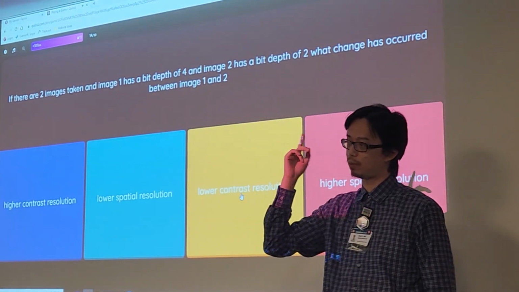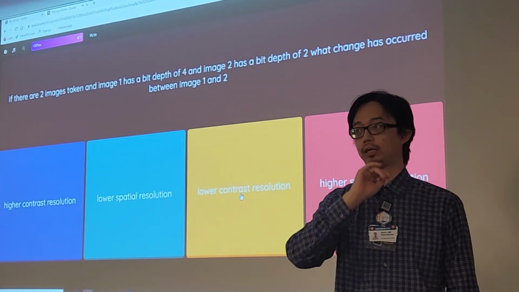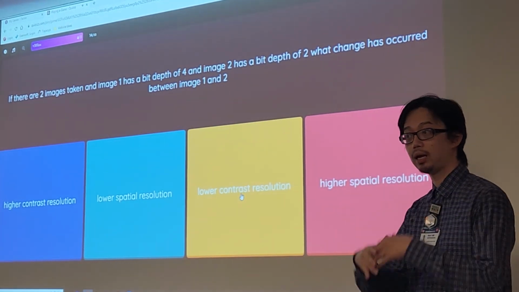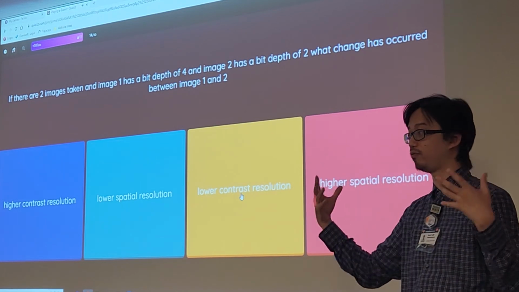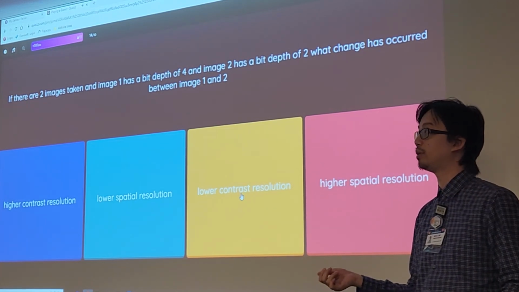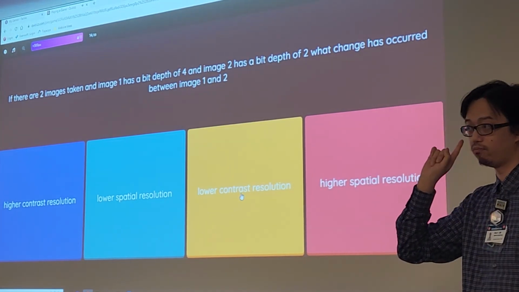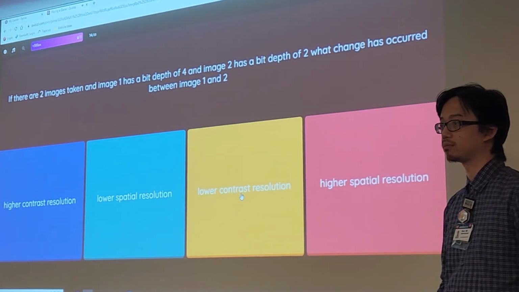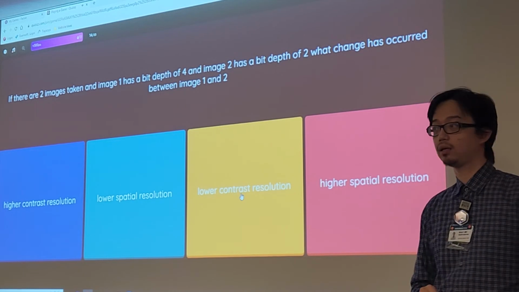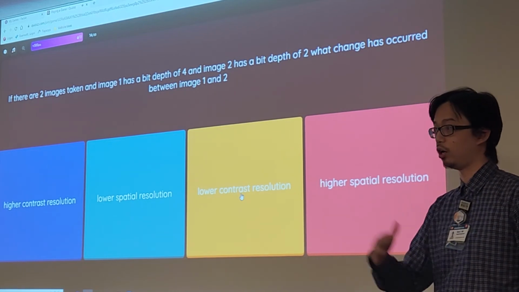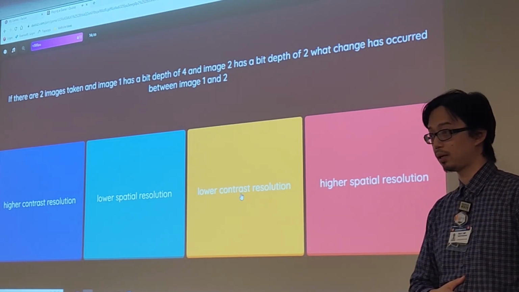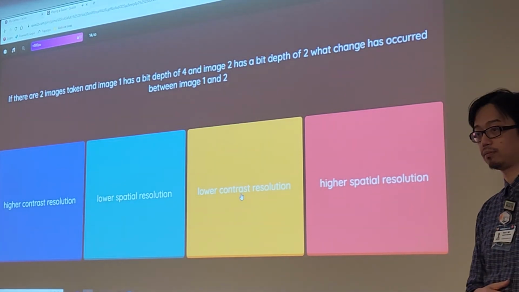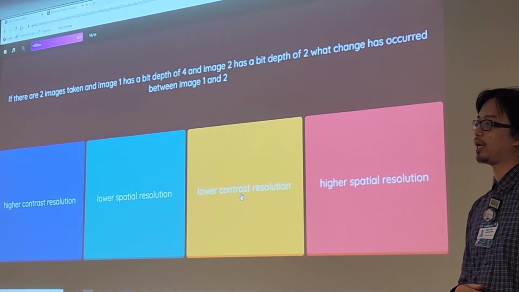Let's go back over this one more time, why resolution versus contrast are different. Let's say we start off with a high bit depth, so we have a lot of different colors, and then we go down to a bit depth of 1, either black or white. If we take a picture of the abdomen with only black and white, is it obvious where the air is going to be?